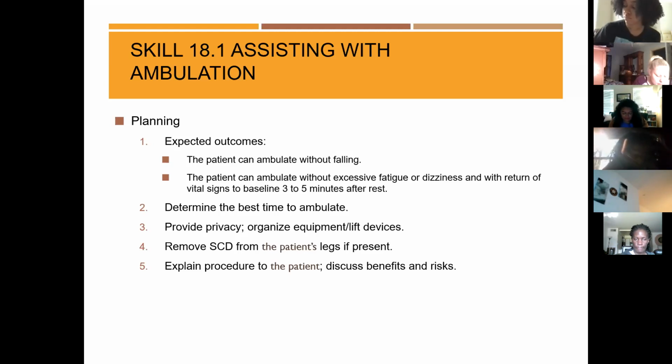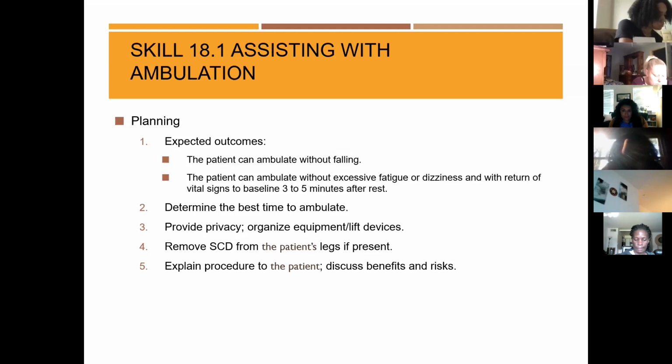Those are things that I expect. What are some unexpected outcomes? A fall, absolutely. Falls, injuries, a drop in blood pressure, dizziness, things like that. Those are unexpected. We don't want those things to happen when we go to ambulate our patient.